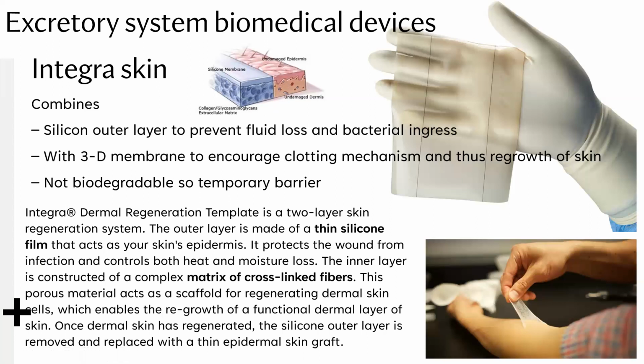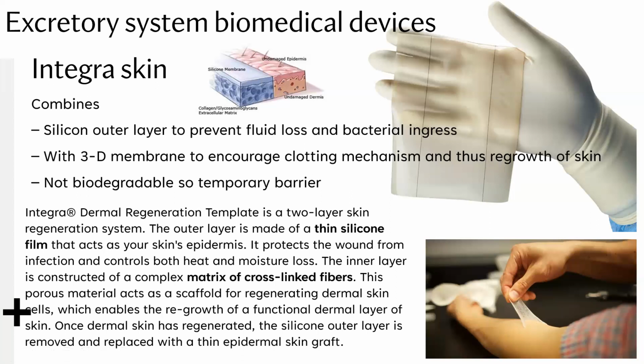And once this process is completed, you can then peel it off and remove it. So it's very much like a Band-Aid, but it actually leaves its internal layer as a matrix to help the remodeling of the epithelial layer. And the silicone there has multiple advantages.